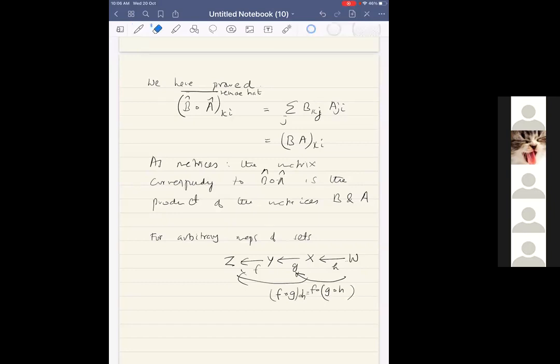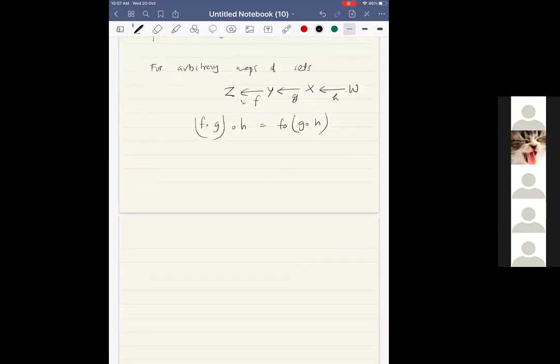Okay, so let me get rid of the mess of stuff below. So given four sets and three maps, H, G, and F, we have F composed with G composed with H is F composed with G composed with H. This follows from the definition. Why?